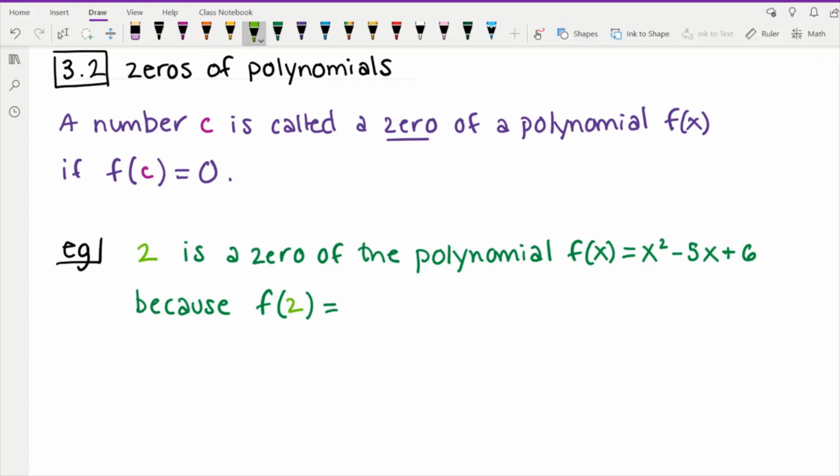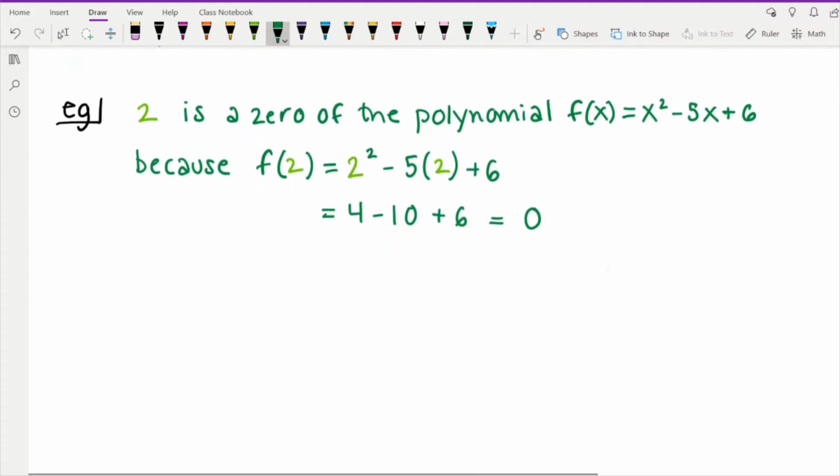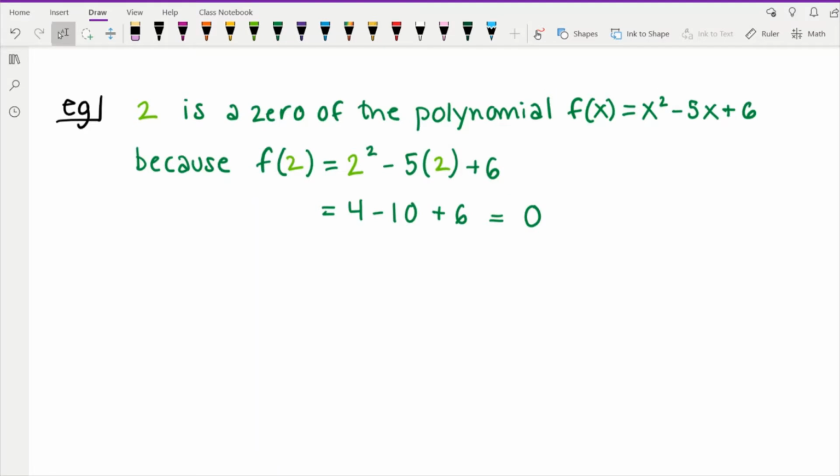So if we plug in 2, we get 2 squared minus 5 times 2 plus 6. And so what does this equal? This equals 4 minus 10 plus 6. And if you add all of those things up, you get 0, right? So that's exactly what this definition is telling us. If you plug a number in and you get 0, that number is called a zero of the polynomial.